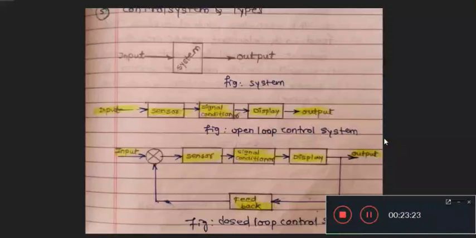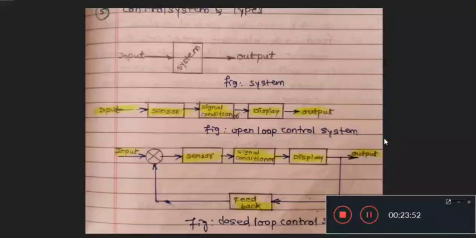Suppose there is any variation, the variation is corrected and corrected signals are produced, sent to the sensor, the signal conditioner, and the display unit. Thus we get a corrected action in the output, and this is a feedback system.